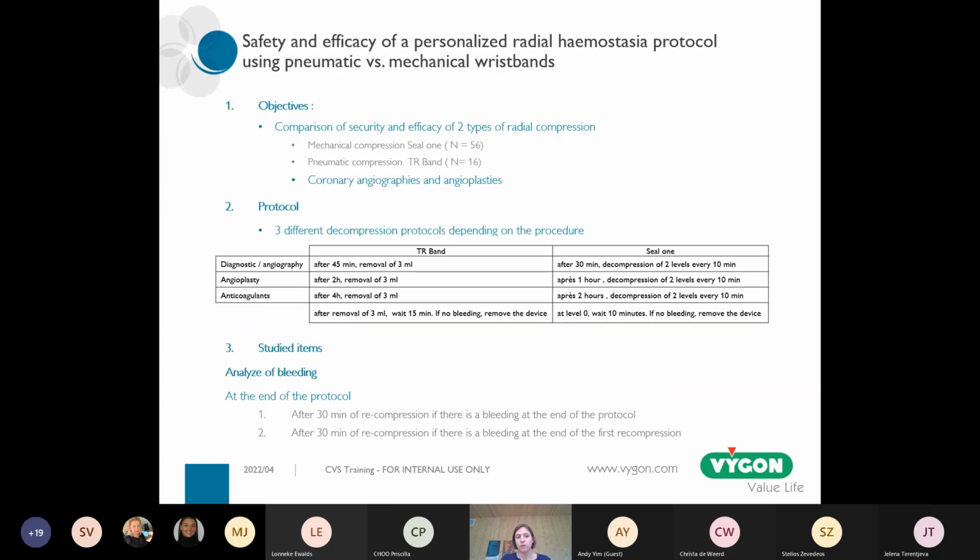We have another clinical study, which was presented at PCR. It is not published, but it compares SIL1 and TR-band, and the medical team analyzed the bleeding.